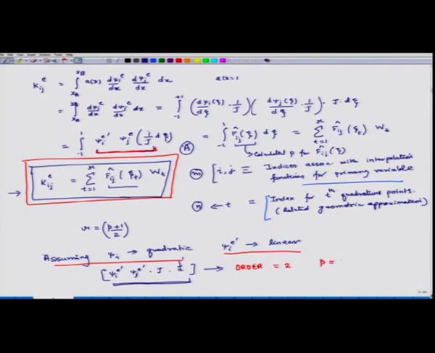That means P equals 2, which means the number of quadrature points should be (2 plus 1) divided by 2, and that gives me 2. So, that means that R should be 2 or higher. I can use R as 3, but I cannot use R as 1. I can use R as 2.